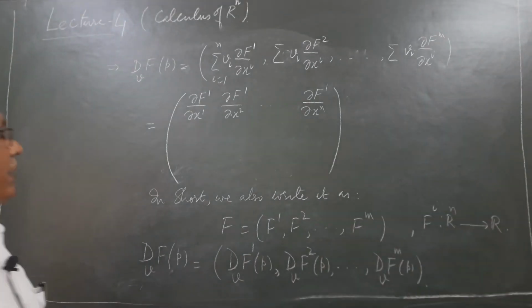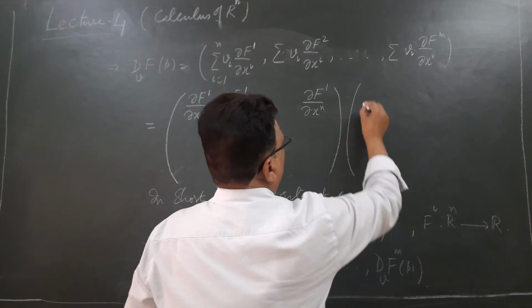This is the first row of the matrix. I will multiply the first row with the first column.